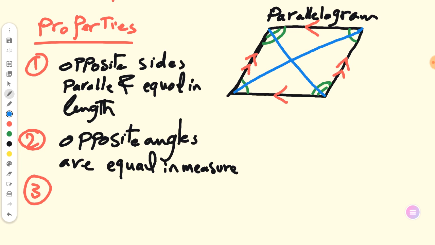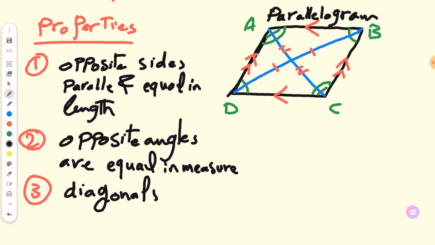So if we call it A, B, C, D, the two diagonals are AC and BD. These are the two diagonals of the parallelogram. The two diagonals bisect each other. So this part equals this part, and this part equals this part. This is the meaning of bisect. So the diagonals bisect each other.